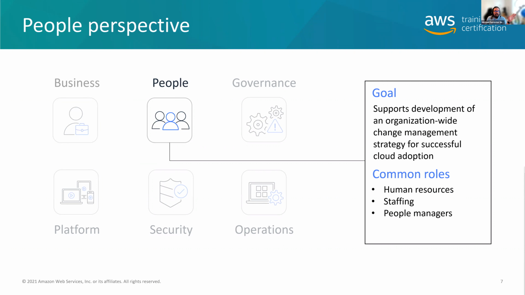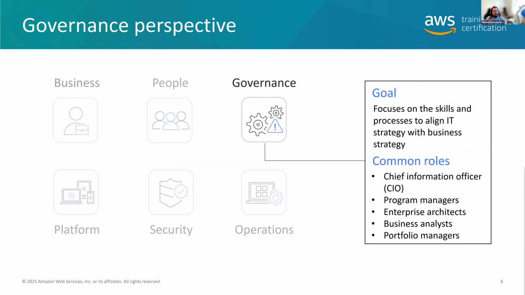And then it's like, well, how do you support the change in the human skills and perspectives needed to support cloud adoption? This is where your learning and development teams are, human resources, staffing, people who are managing people, right? And then we've got governance, and the goal here is how do we get our processes to align with the IT strategy?